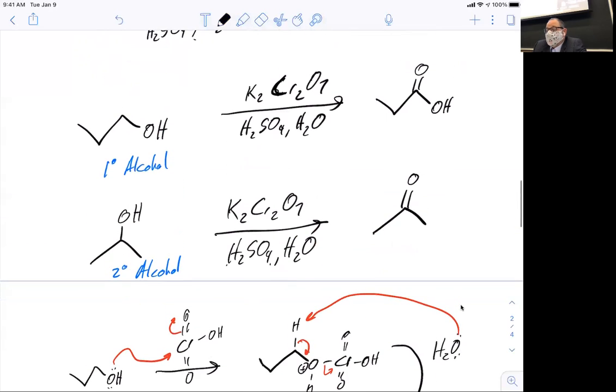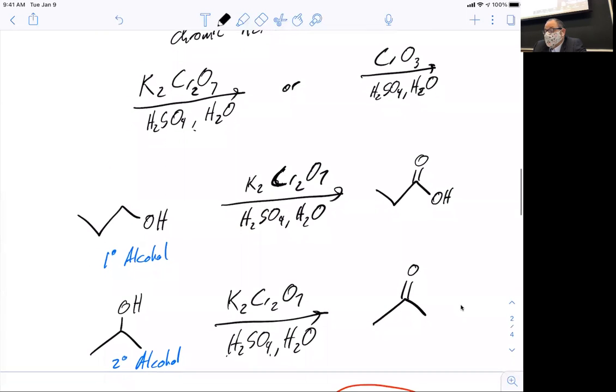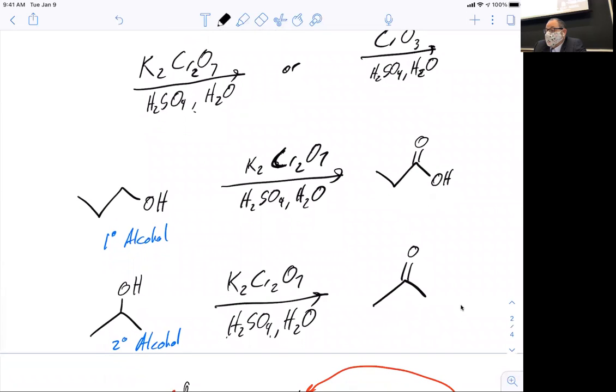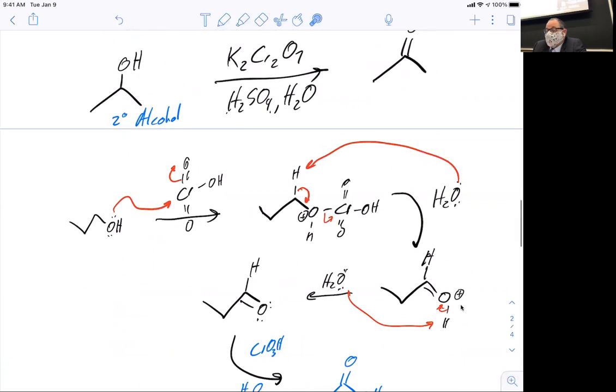So if we look at chromic acid, and again, there's two types of reagents, the dichromate or the chromium trioxide, right? Either of those two will react with primary and secondary alcohols. With primary alcohols, it goes all the way to carboxylic acids. For secondary alcohols, it stops at the ketone. The mechanism is reaction with the chromium, deprotonation of the alpha hydrogen, and then reduction of the chromium.